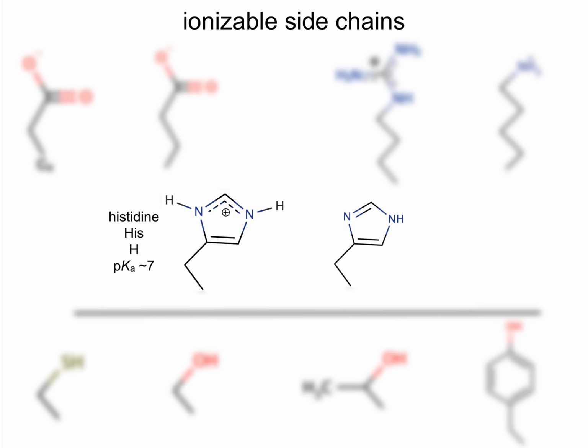Third basic side chain, histidine. And here I've drawn on the left the protonated form of histidine, positively charged at physiological pH with a pKa of around 7. It's always worth noting that histidine, with its relatively low pKa for a base, is subject to small changes in pH that will result in changes in the population of protonated and unprotonated states.